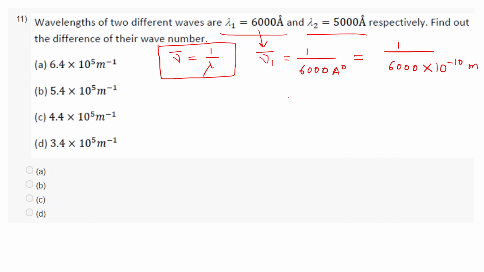So the wave number of the first wave will be 1 divided by 6000, which is 0.000167 times 10 to the power 10 meter inverse, or I'll write this as 1.67 times 10 to the power 6 meter inverse.